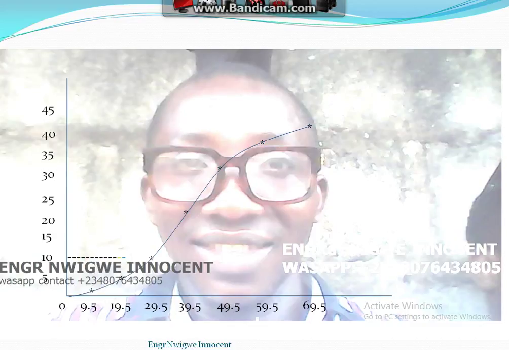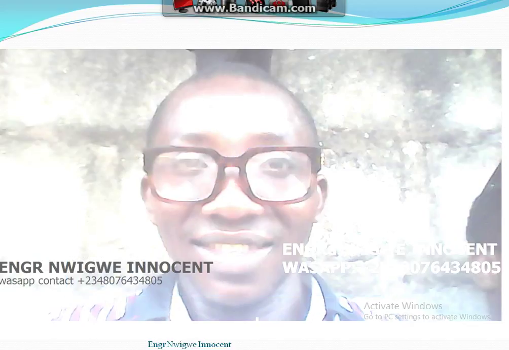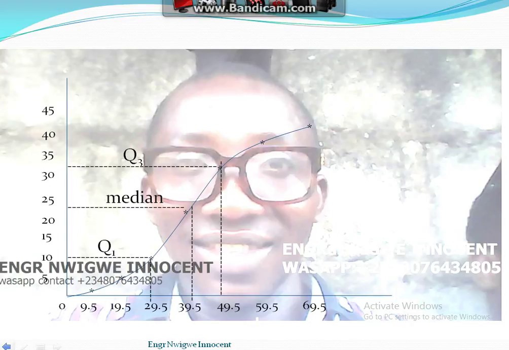We now do the lower quartile, which is Q1. Count is equal to 1 over 4 times 42, which gives us 10.5. On the graph, along the frequency axis or vertical axis, we trace to where it meets the Ogive curve. It traces downwards, which will give us 29.5.